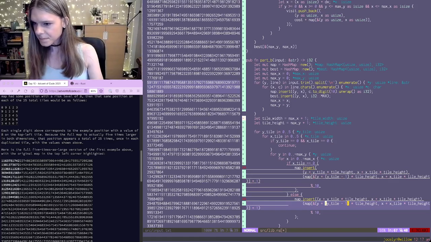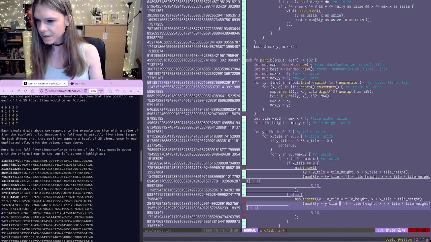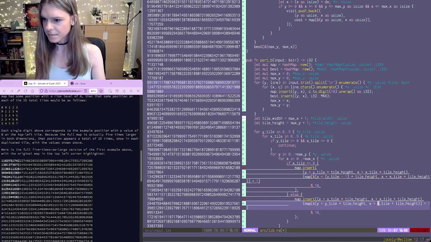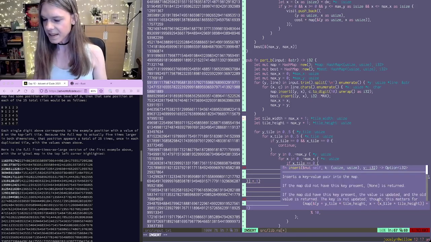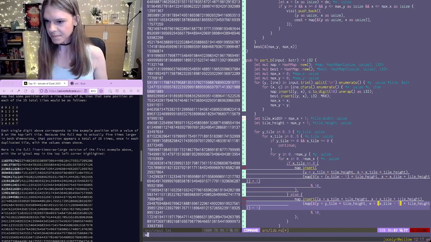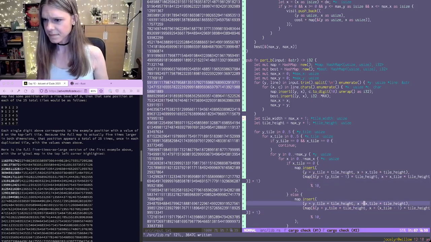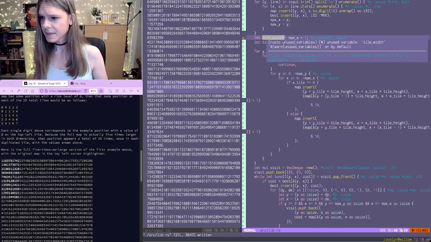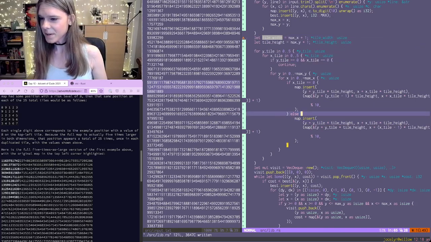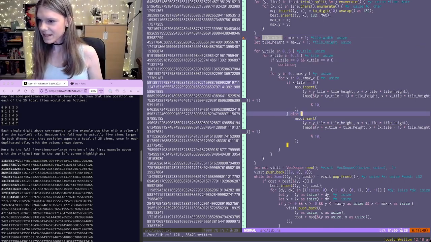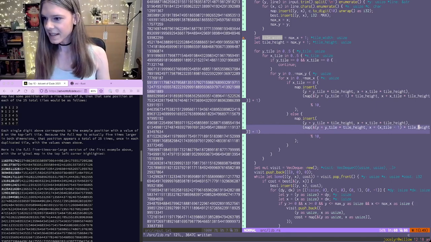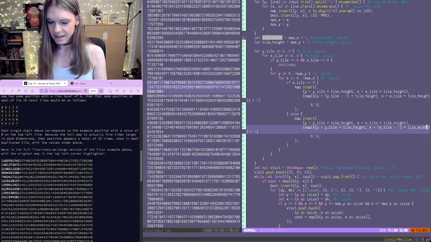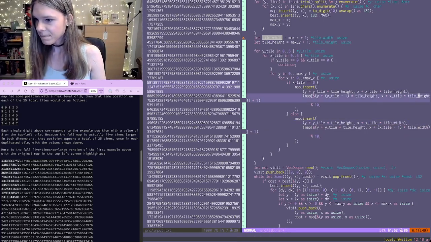So that one. And we are not using tile width, which means I messed something up. And indeed there, I'm using tile height for both of them.